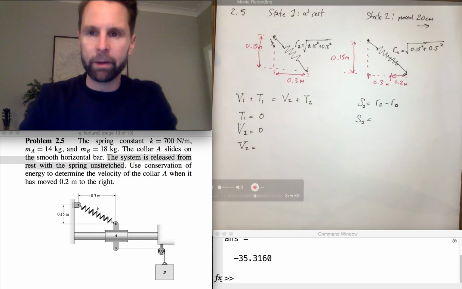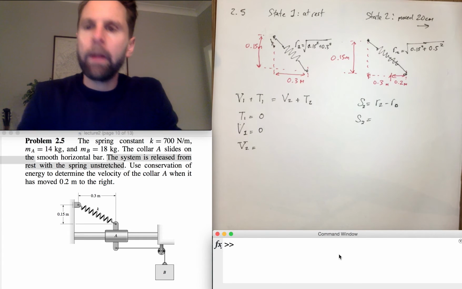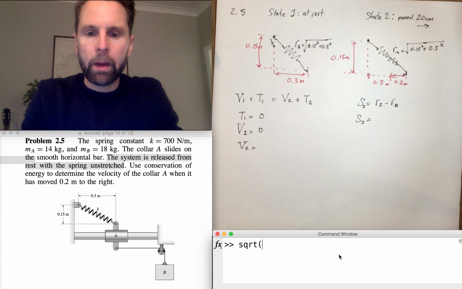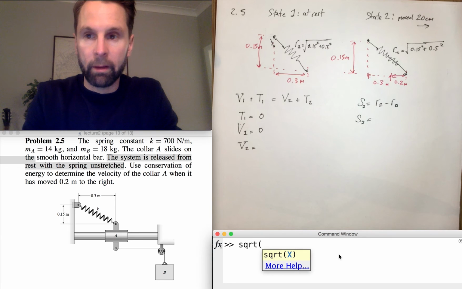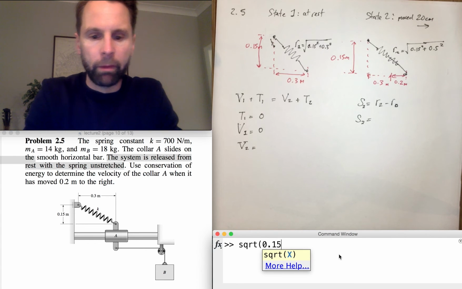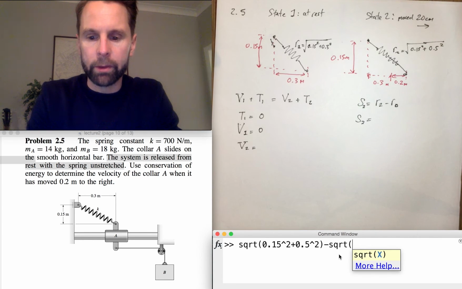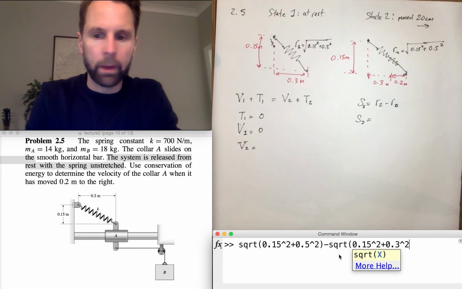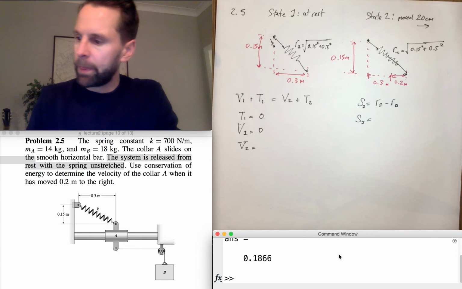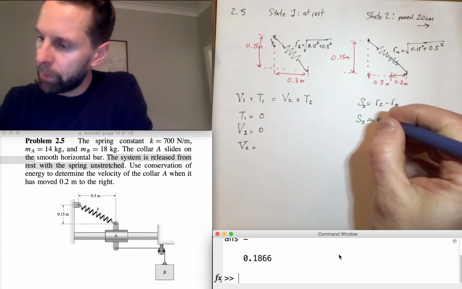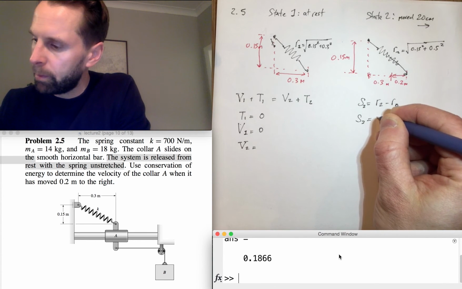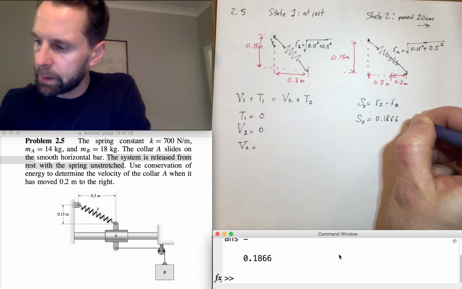There's nothing really fancy going on. So let me calculate that. The square root, so this is the length at position 2 I'm calculating now, 0.15 squared plus 0.5 squared, minus the length at position 1, so the unstretched length, 0.15 squared plus 0.3 squared. Okay, that is how much it's stretched when it gets to position 2, 0.1866 meters.